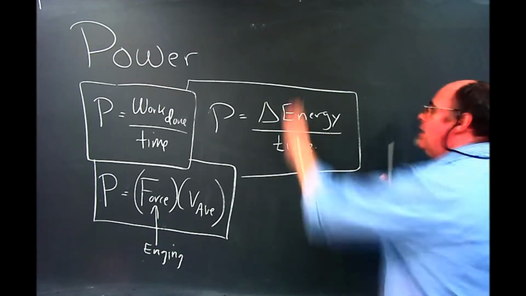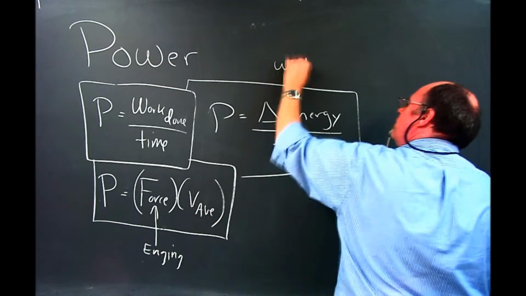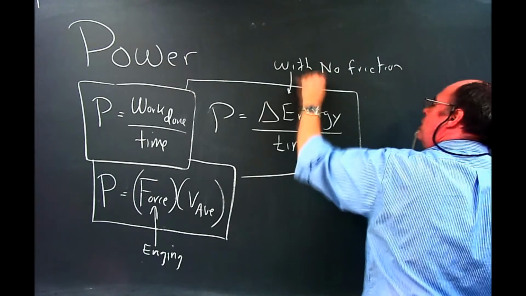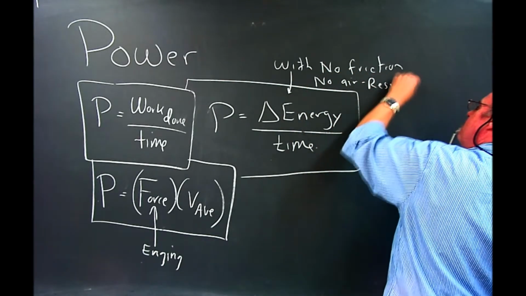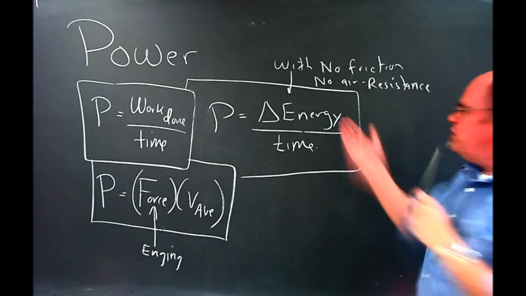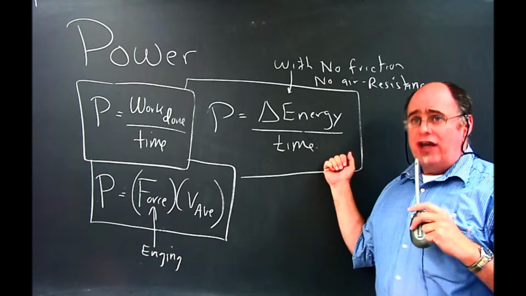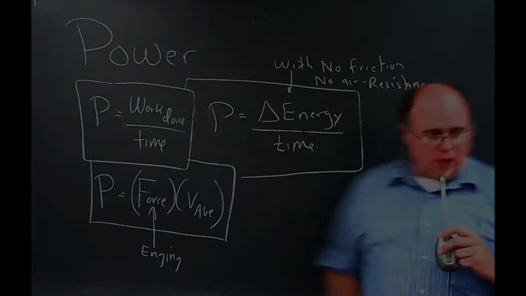So I would say, basically, use this formula with no friction, no air resistance, we're not going to be dealing with non-conservative forces. Okay, so let's do a couple of problems with this.